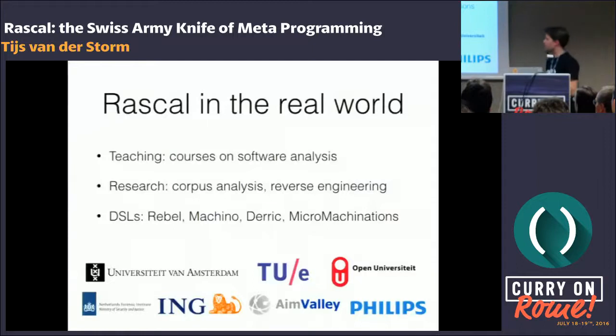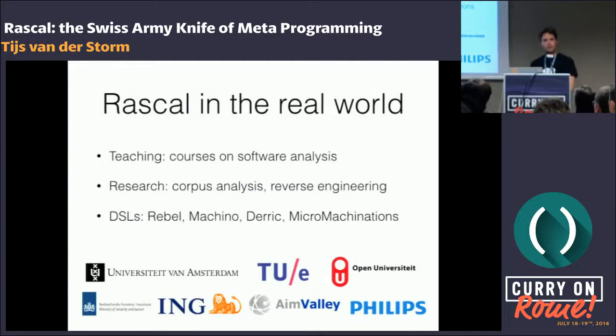Okay, final words. So you might think, okay, Rascal, this is cool and fancy. I hope you think that, but this is an academic language. Yes, it's an academic language, but we're working on adoption in companies, and we're also using it in teaching courses on software analysis. I'm using it in courses on software construction based on DSLs.